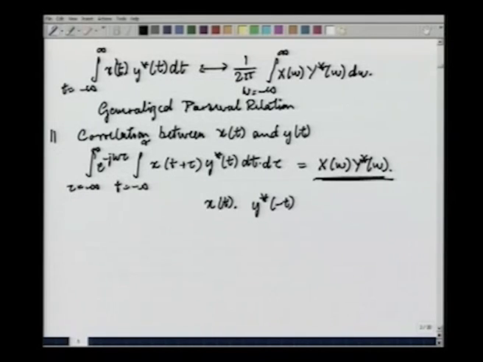So, it is the convolution of y star of minus t with x of t. That is equivalent to correlating x t and y t.